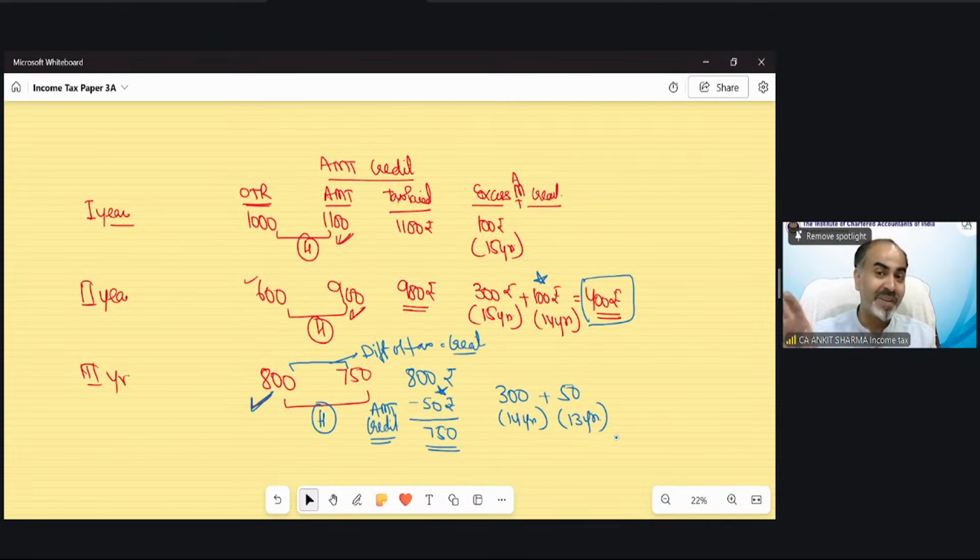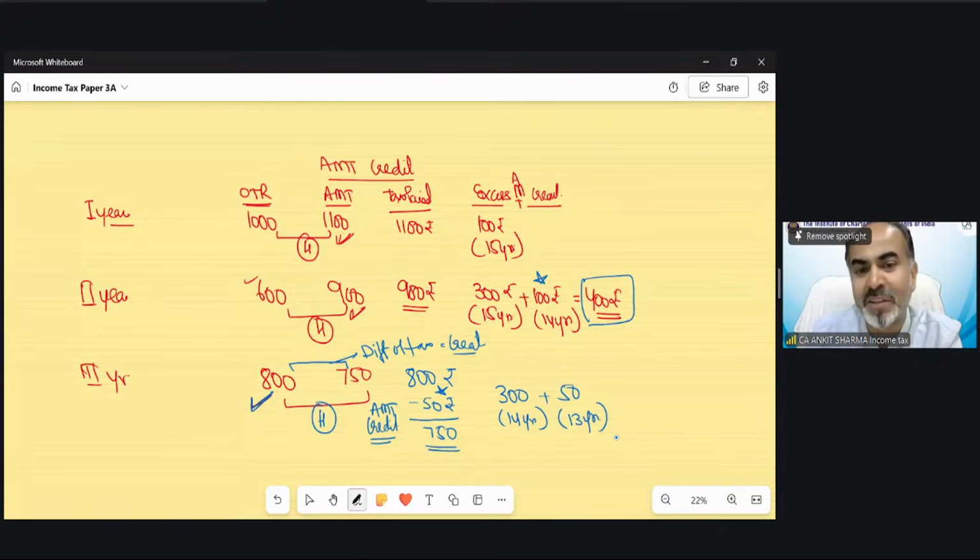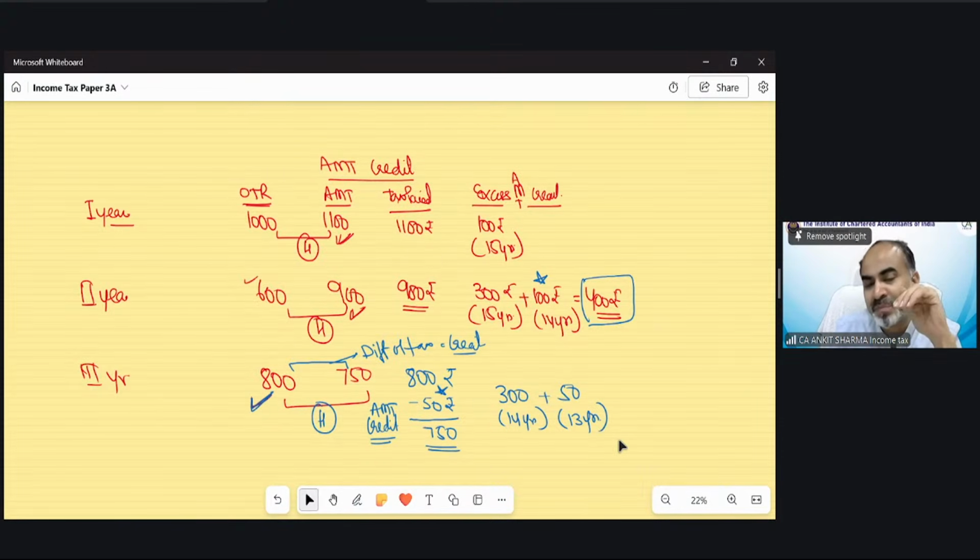So that would stay with the income tax department only. Suppose for the next 12 years, the AMT tax is always higher in comparison to this. That means this 350 rupees, which is with the government, will automatically be lost.